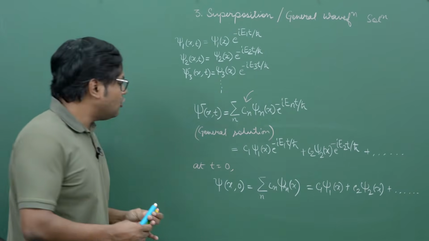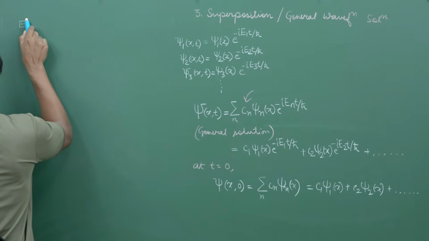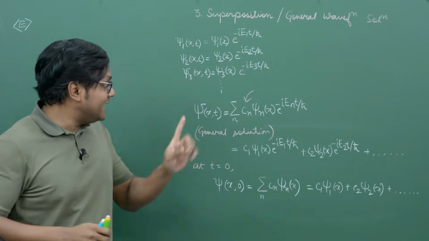Now, if I try to find the expectation value of energy for the general solution, previously we found the expectation value of energy for one eigenstate solution.